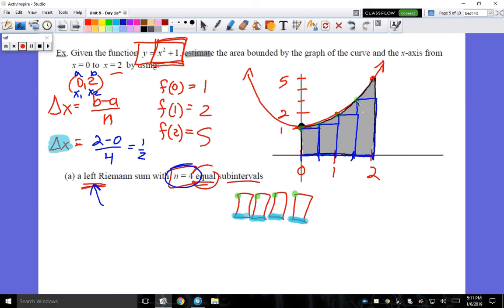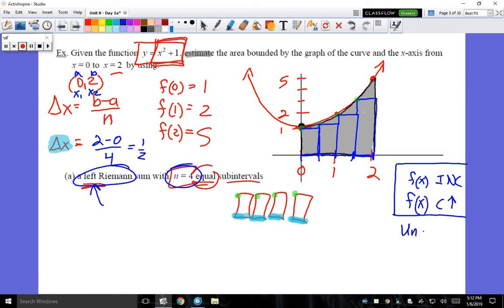This is going to be the left Riemann sum, which for this function, if you say this function f of x is increasing, and you can see f of x is concave up, these are the stipulations that will show an under approximation.